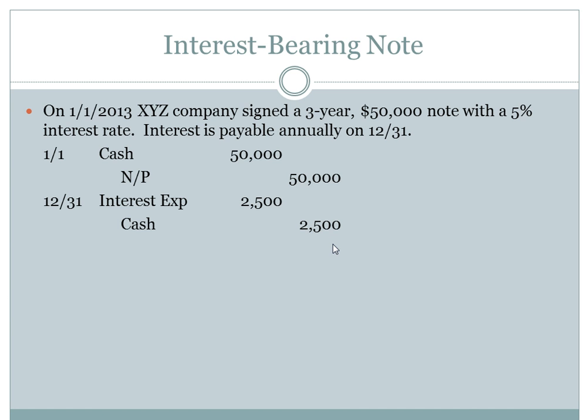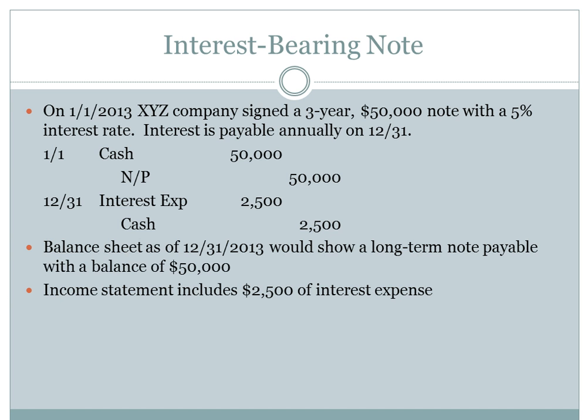Now, what happens with respect to the disclosure? Well, the balance sheet as of December 31st, 2013 would show a long-term note payable with a balance of $50,000. That's the credit balance in the note payable account, and that's the only liability or payable that we had to deal with in this particular transaction. And so the balance of notes payable is $50,000.